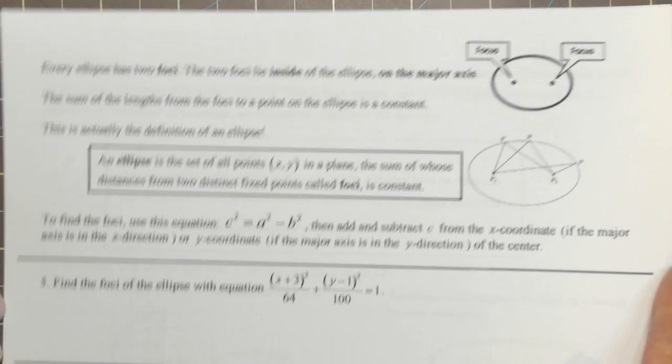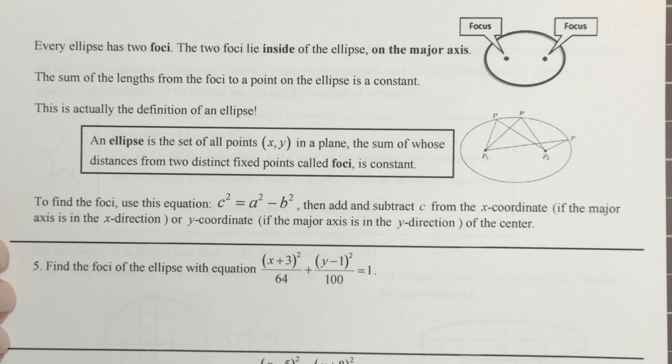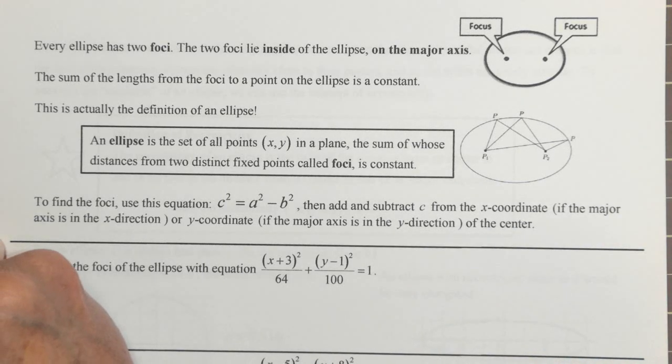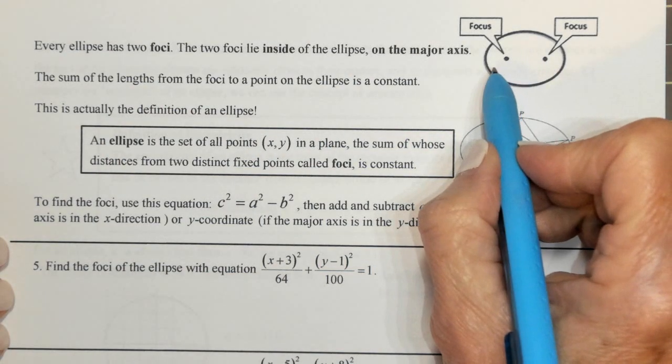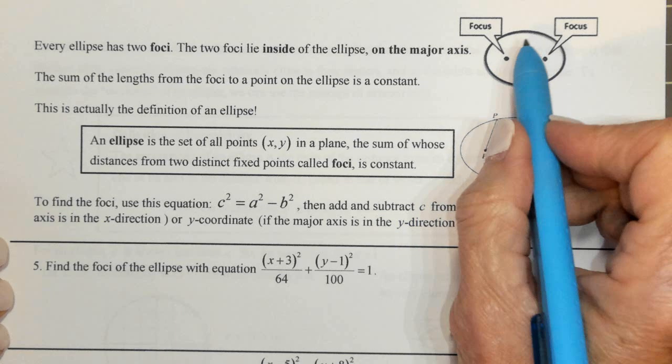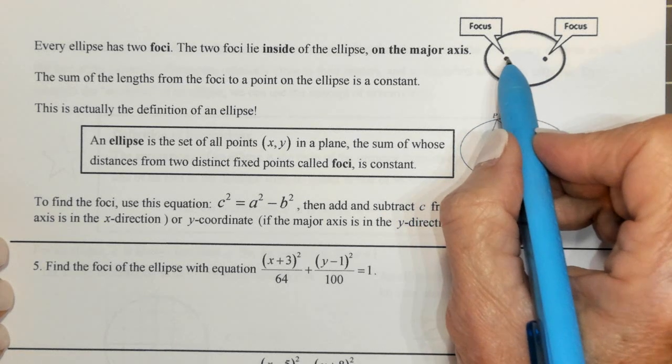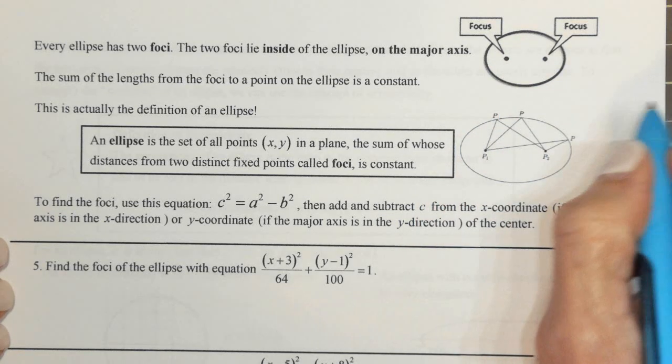Okay. Every ellipse has 2 foci. The 2 foci lie inside of the ellipse on the major axis. The sum of the lengths from the foci to any point on the ellipse is a constant.